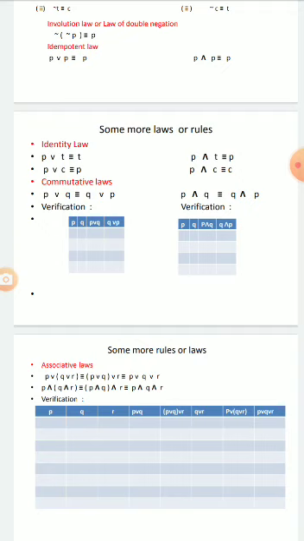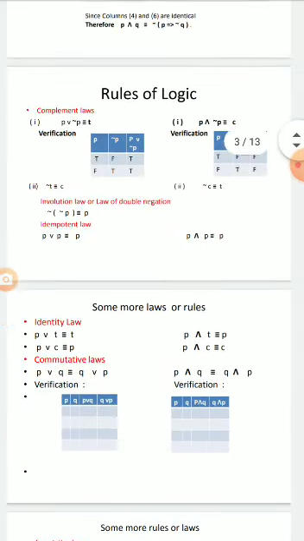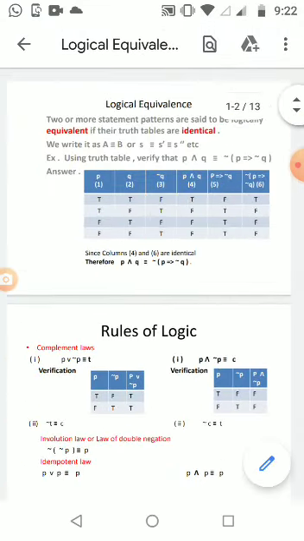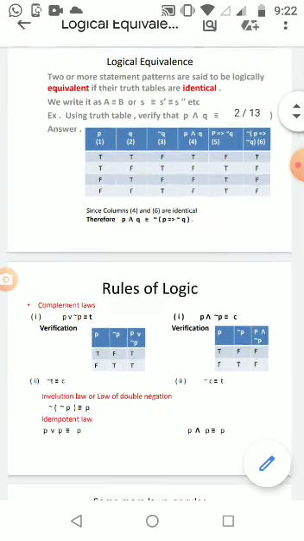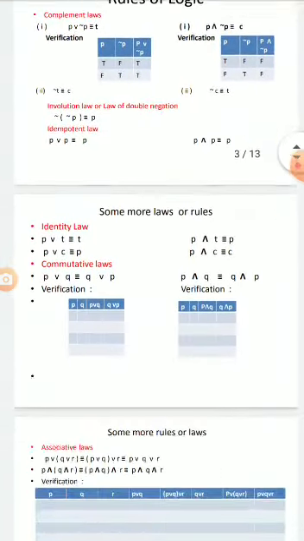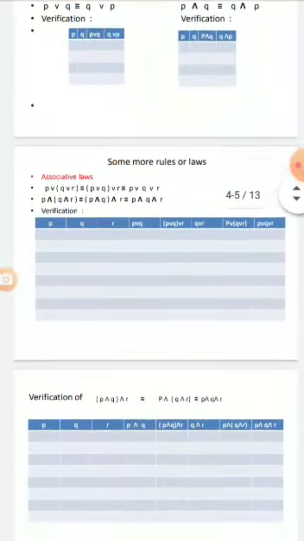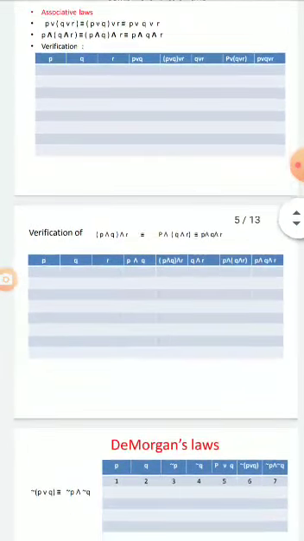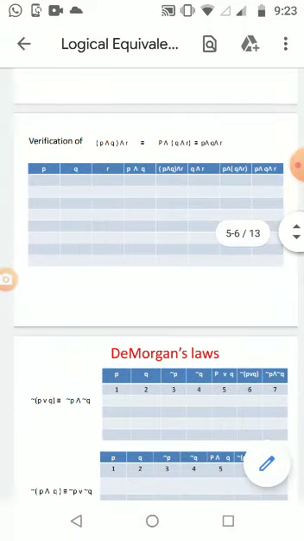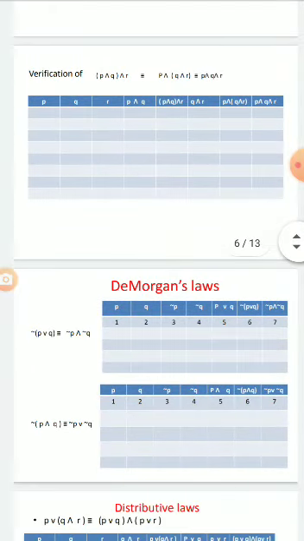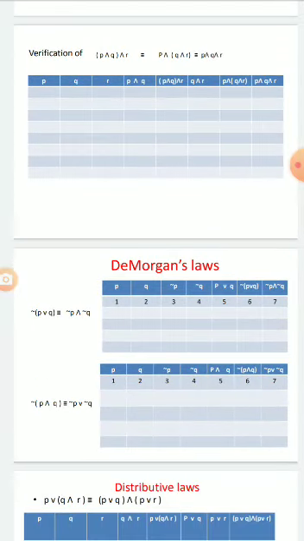So it is possible to find negation of these five compound statements, and for that we need these rules which we have studied today. So go through all these laws carefully. If you know how to apply the laws, you will be able to write the negation of the compound statement easily.